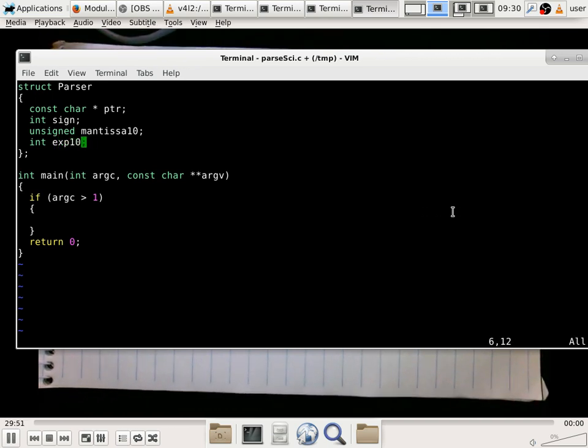The range of a 32-bit integer is more than what we need for exponent 10, so we're not too concerned about that. For unsigned, for the mantissa 10, it's okay. I just have to limit all the test cases that I can throw at your program, so that they can all be handled by a 32-bit unsigned number, because I don't know how you're going to write your program, or on what platform you're going to write your program.